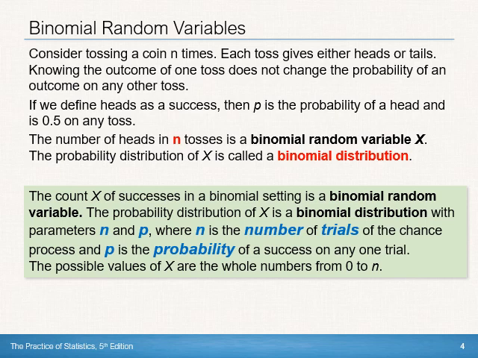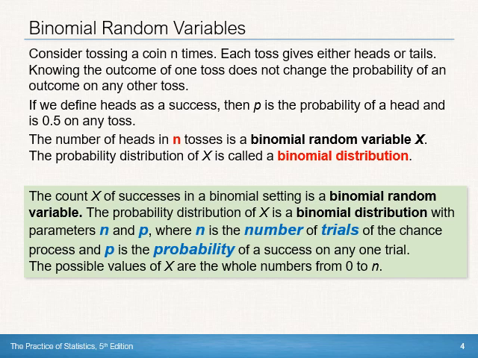When we talk about a binomial distribution, there are 2 parameters. For example, when we talk about a normal distribution, the mean and the standard deviation completely define that normal random variable. Here, the things that define our binomial distribution are going to be n, the number of trials, and p, the probability of success for any one trial.